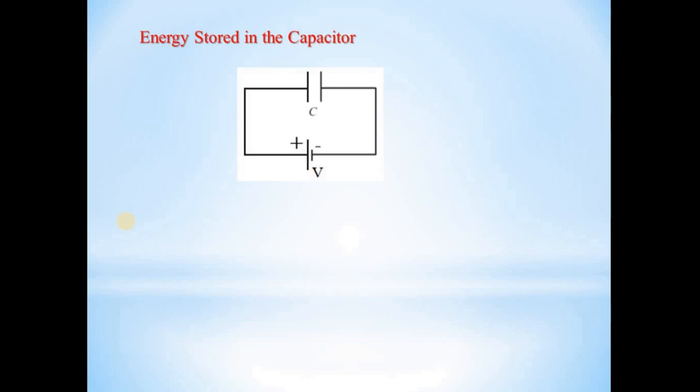In both cases, the forces oppose the transfer from one plate to another. As the charges on the plate increase, opposition also increases, and this work done is stored in the form of electrostatic energy in the electric field between the plates, which we can discuss by using this diagram.